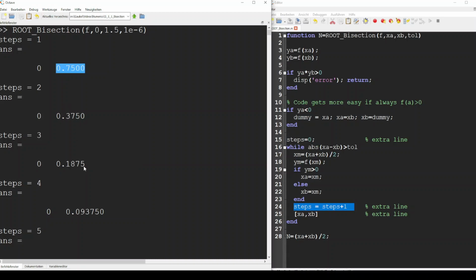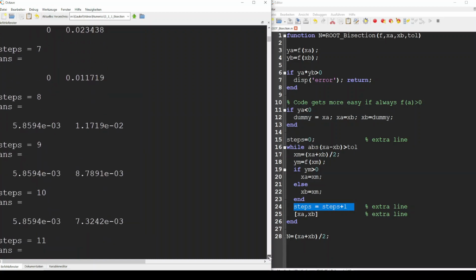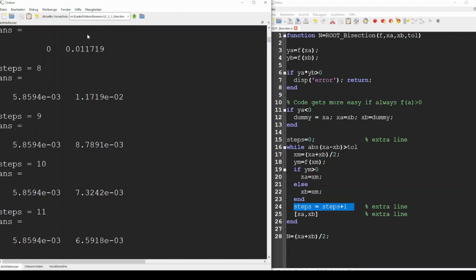And so we do a lot of times. We always exchange the right-hand side, but not infinitely long. And here, when we have this interval and we take the midpoint, this is this value, and then it turns out this function value has the same sign as at position 0, and so we exchange the 0 for the new midpoint.